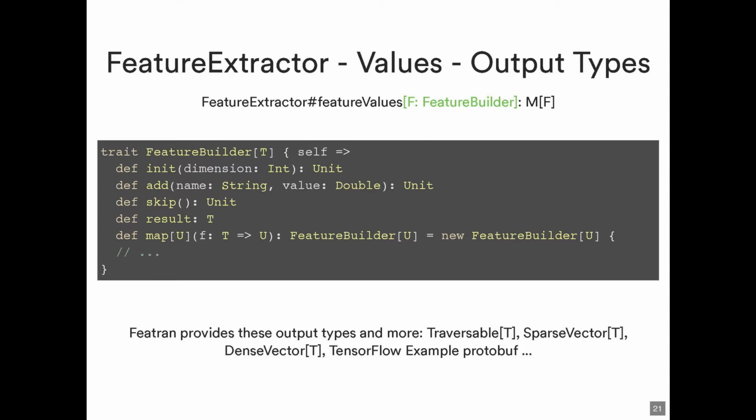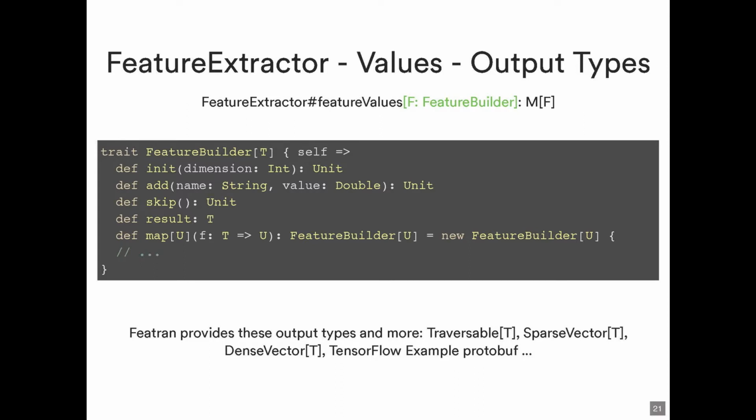And another look under the hood, how is this done? Another type class implicit. This time extending the trait feature builder, and this one gives you these sort of generic methods on a one-dimensional collection type. You want to initialize it by telling it how big your feature is going to be, and then you can add values to the feature.